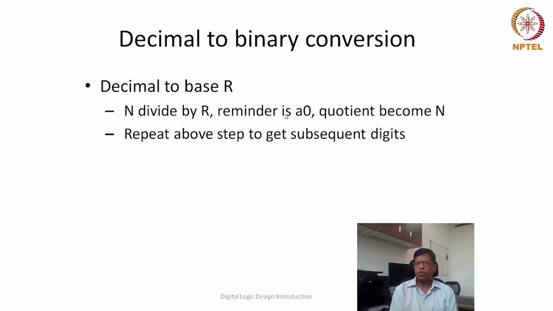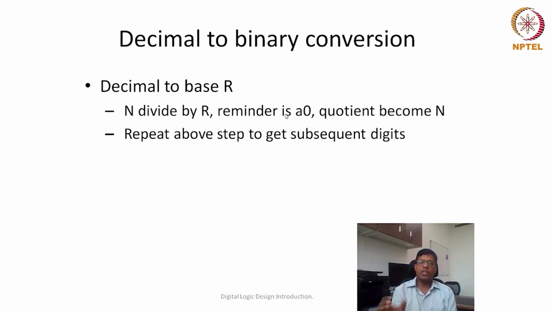Most of you know these calculations. This has been done in your higher secondary classes or in your schools. So let's revise it for the sake of completeness and for the benefit of everybody. Let's say a number n, represented in decimal, and we want to convert it into base r.